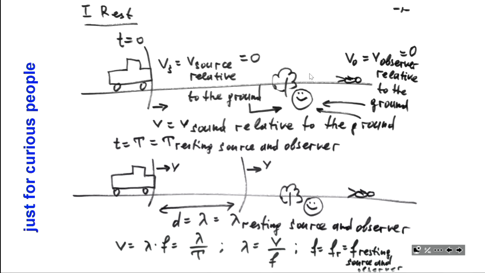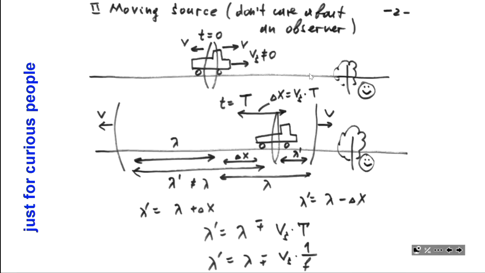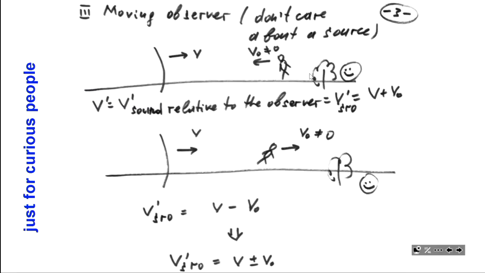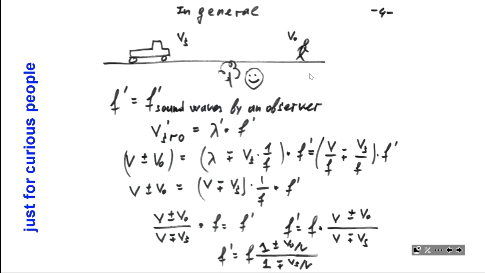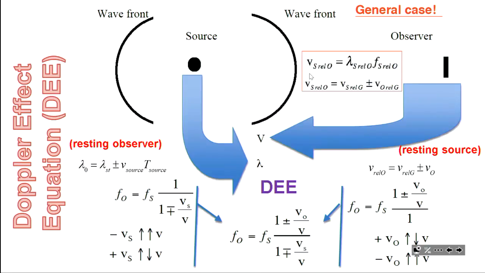And again, just for curious people, there is an algebraical derivation of everything we've said before to get to the Doppler effect equation. We did this part when the source was not moving.